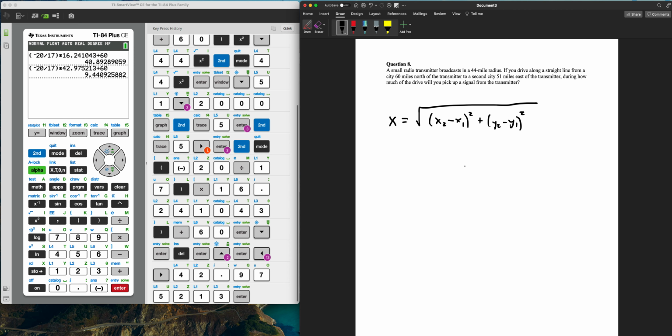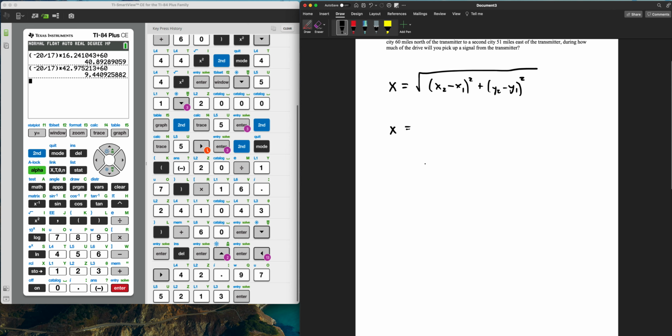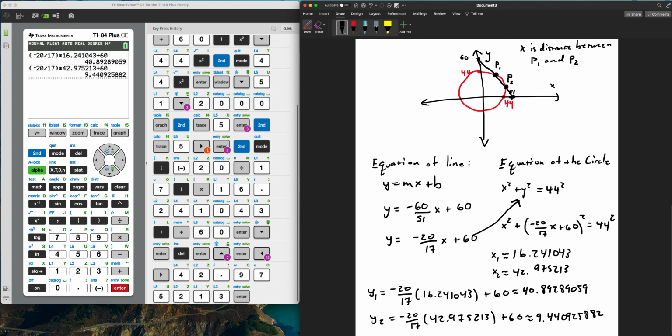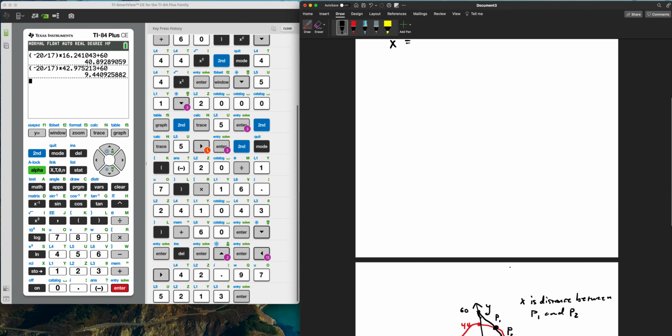This is the distance formula. So we're going to just use a calculator to compute this. We're going to use the difference between x2 and x1 and the difference between y2 and y1. Square each of those quantities, add them, and then take the square root.